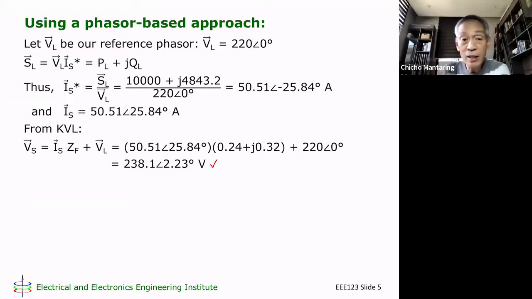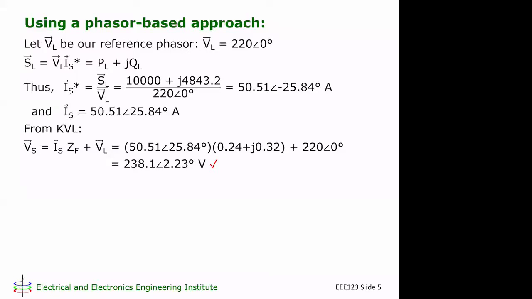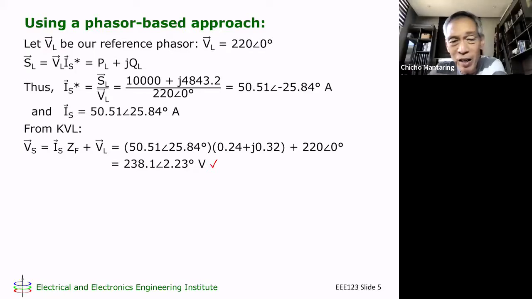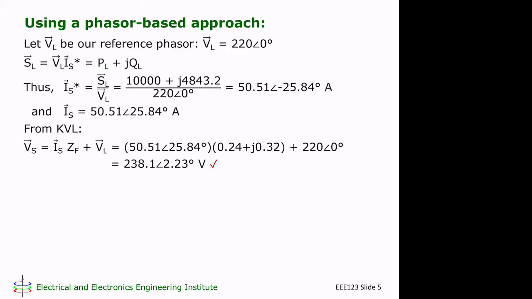So one question of the problem, what is the RMS value of the source voltage? Can I hear from someone else? Let me call on you one by one. John, what is the RMS value of the source voltage? 336.6 volts.